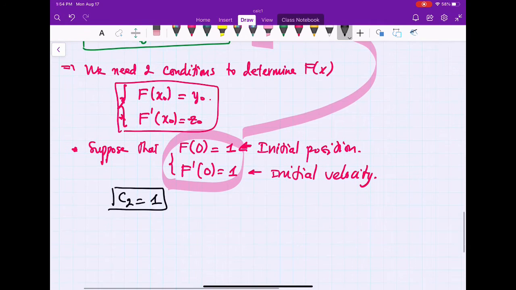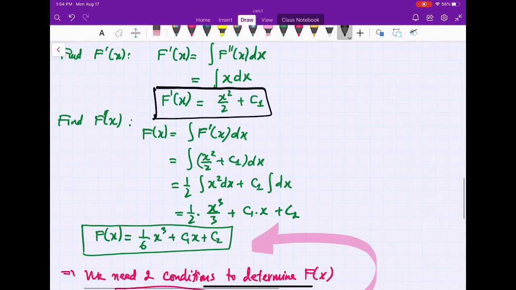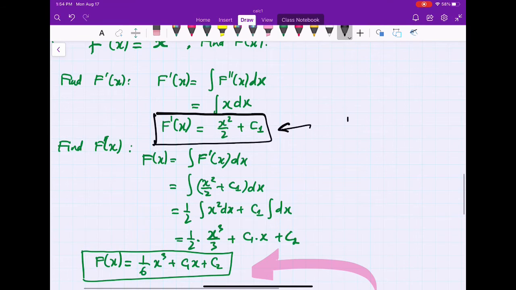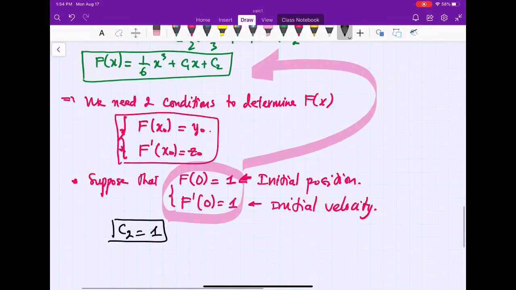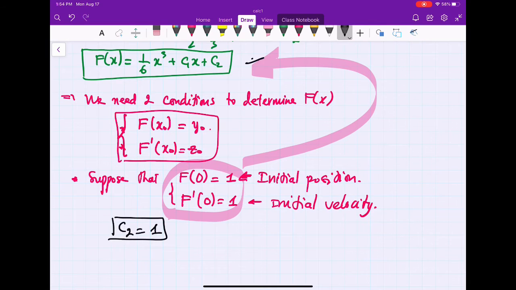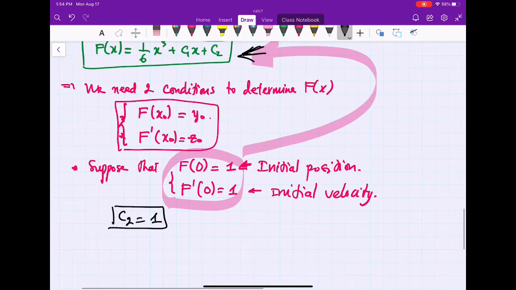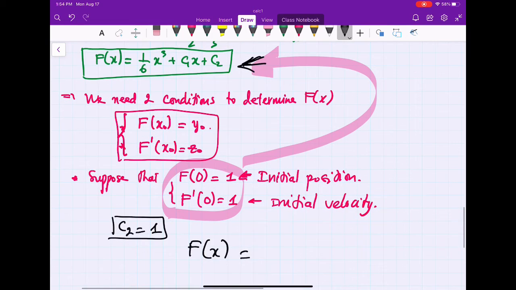This f derivative at 0 is 1, right? So you plug 0 into this, you get f derivative at 0 is 1. From here you can solve for C1. This is also 1. So you plug C1 and C2 into this formula, you get the particular solution with these two initial conditions. That is 1/6 x cubed plus x plus 1.